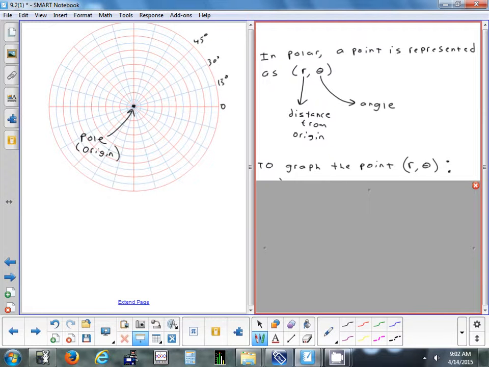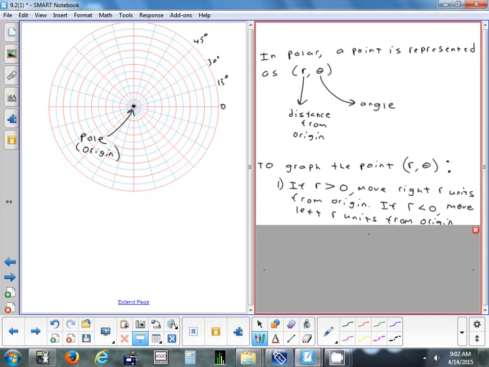All right, so how do we graph the point? Well, if r is positive, you're going to start at the origin, you're going to go to the right. How many units? Well, whatever r is. So if r is 4, you'd start at the origin, and you'd count out 4 rings. If r was 2, start at the origin, go to the right, 2 rings. And you can go in between rings as well.